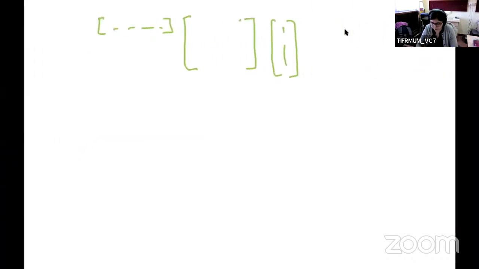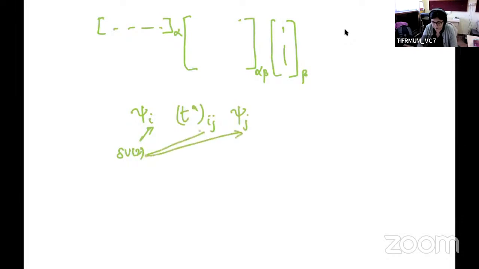So if this guy is taking care of your spinor indices, then you also have psi i, which are the SU(2) indices now, multiplying all the spinor indices.